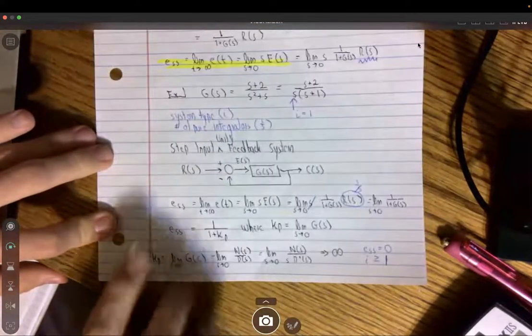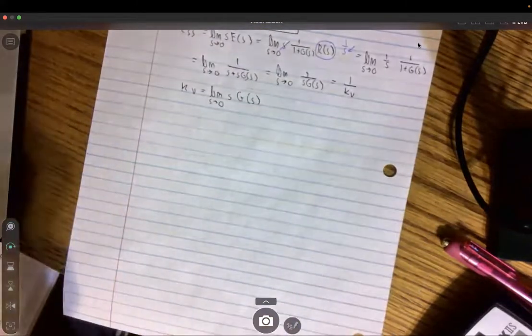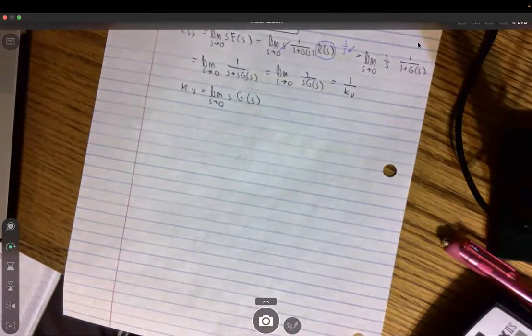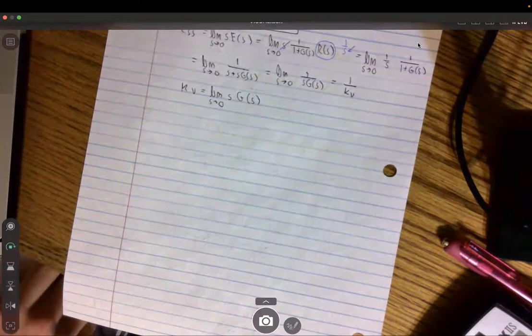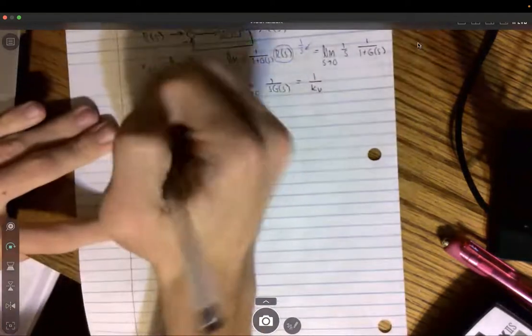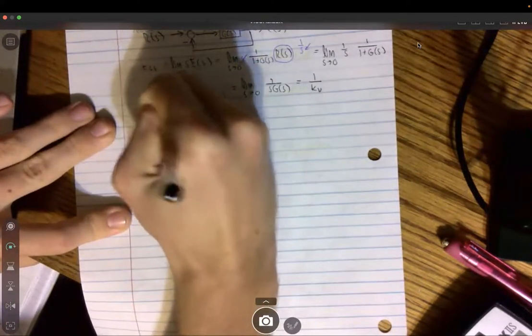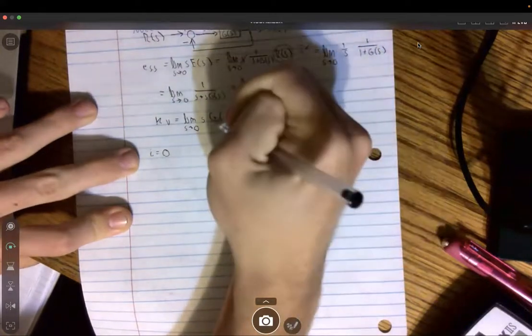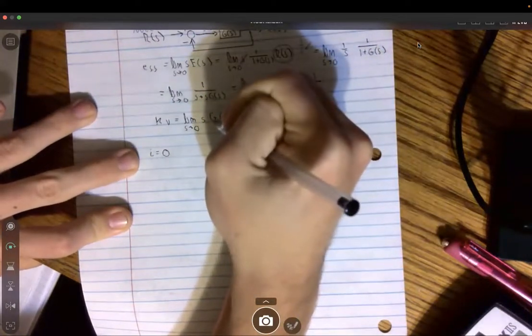KP was known as the position error constant. And so what we're going to be able to tell from here is our steady state error. If our system type equals 0, then G of S is just a finite number.